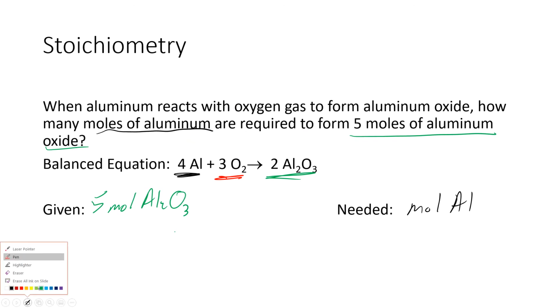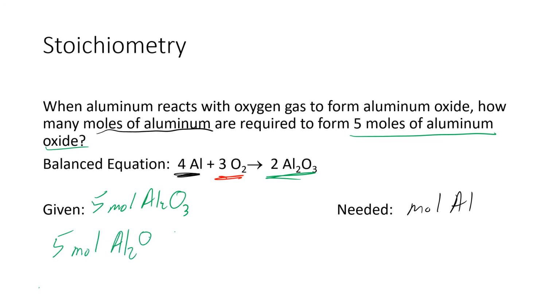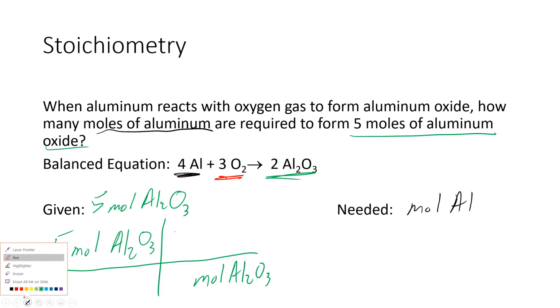So starting with our given, the 5 moles of Al2O3, we need to get out of moles of Al2O3 and into moles of aluminum. And that relationship comes from the mole to mole balanced equation.